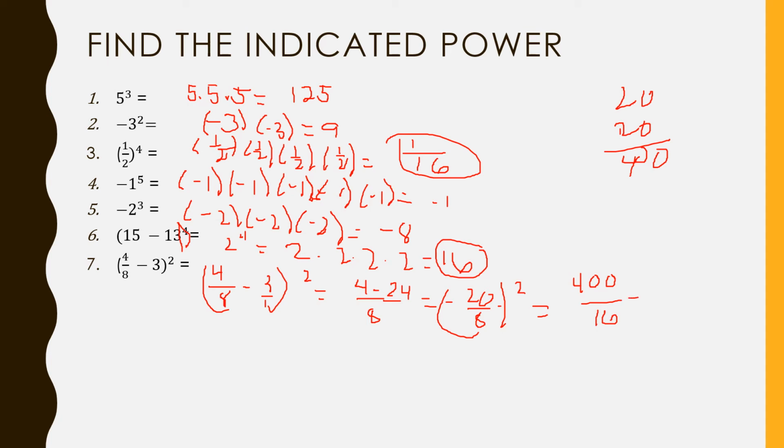How do we reduce to lowest terms? Divide by 2, equals 200 over 8, or divide by 2 again, 100 over 4, or 25. So 25 is the final answer.